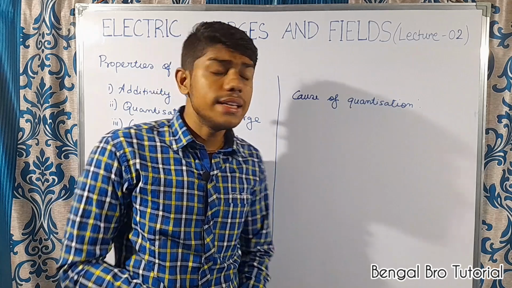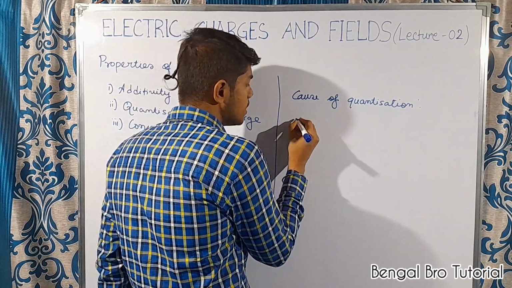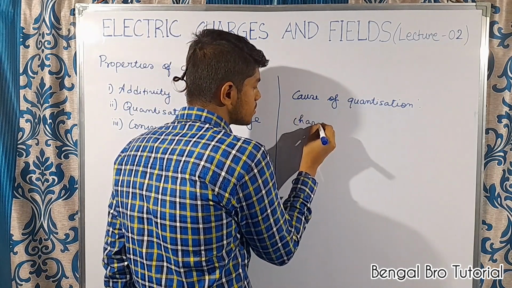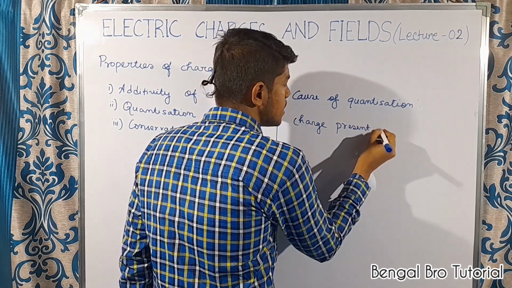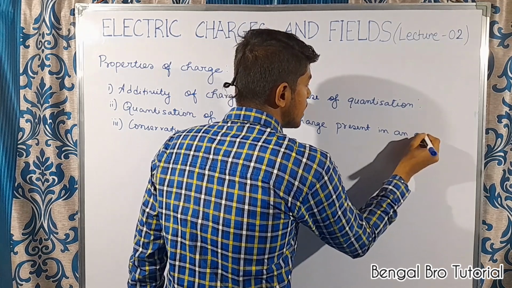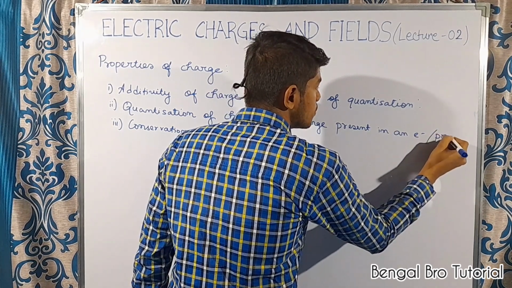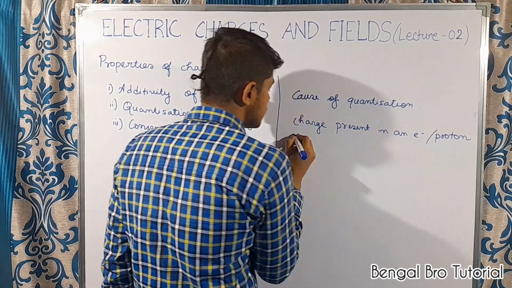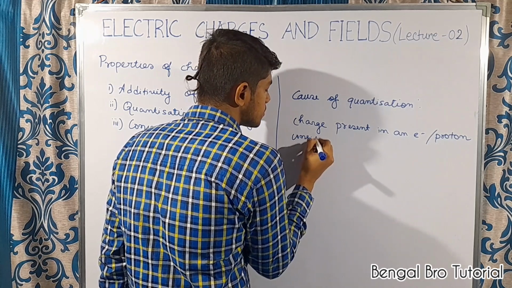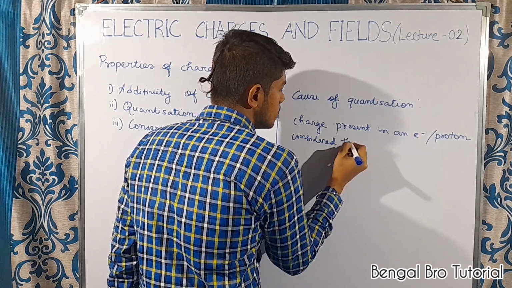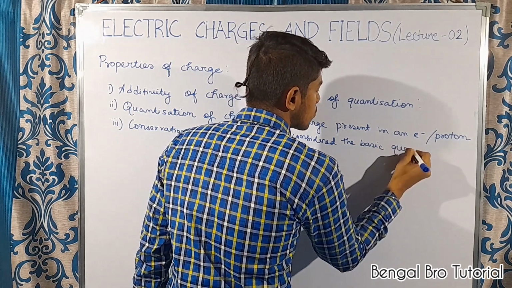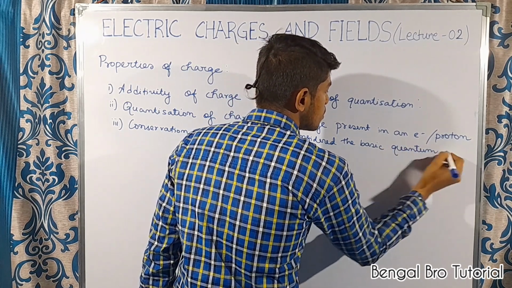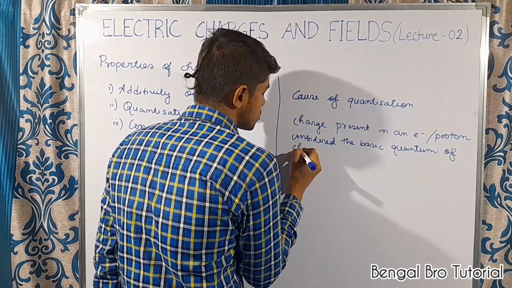Now, why is the charge present in an electron or proton considered the basic unit of charge, or the basic quantum of charge?